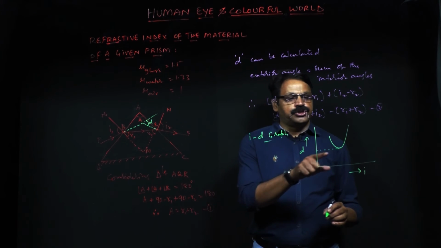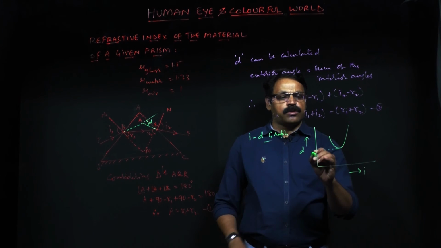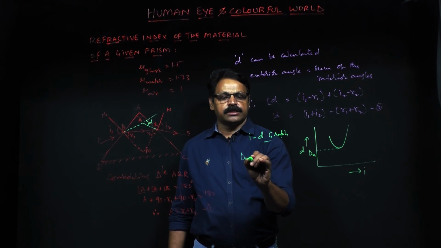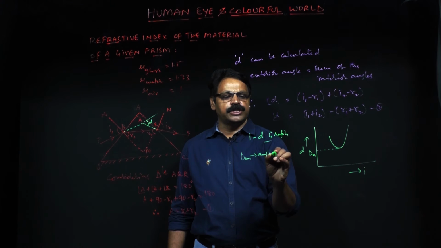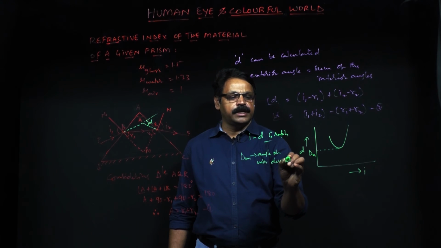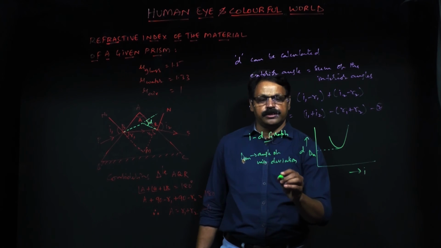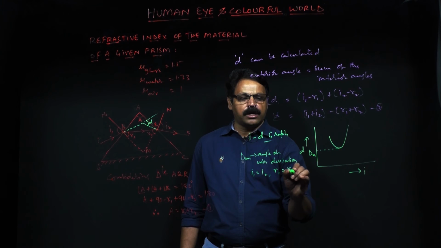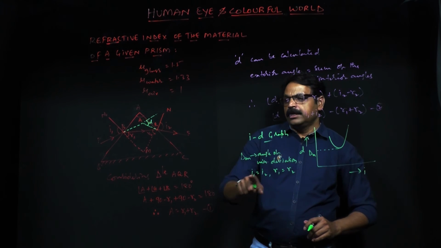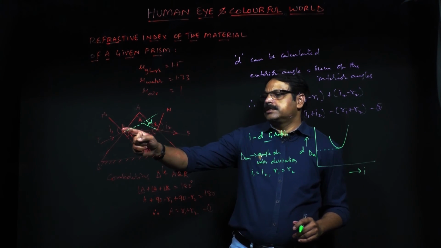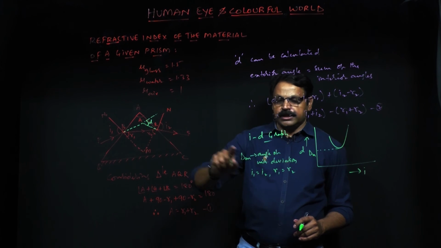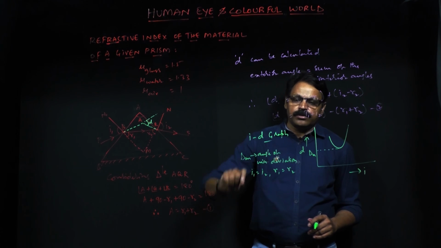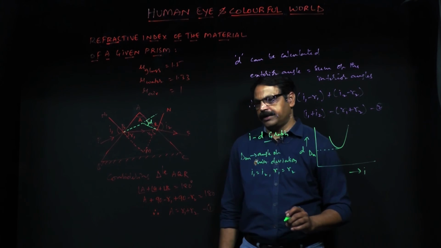The angle at which it takes the minimum value is called the angle of minimum deviation, DM. At minimum deviation, I1 becomes equal to I2 and R1 becomes equal to R2. That is, the angle of incidence equals the angle of emergence, and the angle of refraction at the first surface equals the angle of refraction at the second surface.